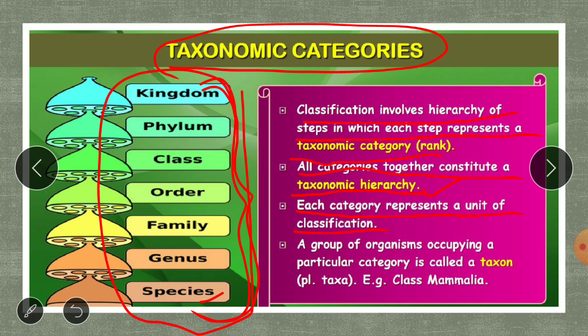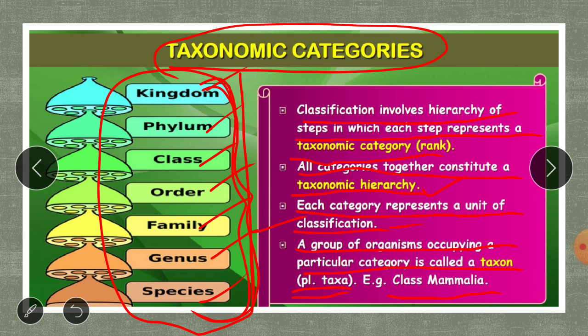Species, genus, family, order, class, phylum, kingdom, each of these represents a category and is a unit of classification. A group of organisms occupying a particular category is called a taxon. Singular is taxon, plural we call taxa.